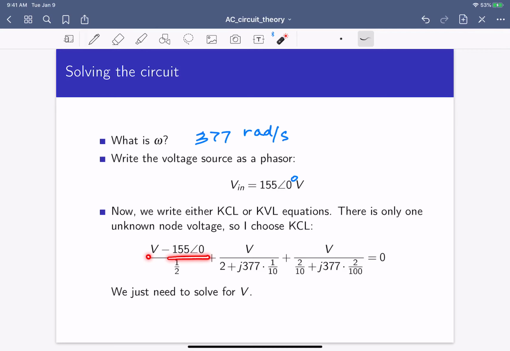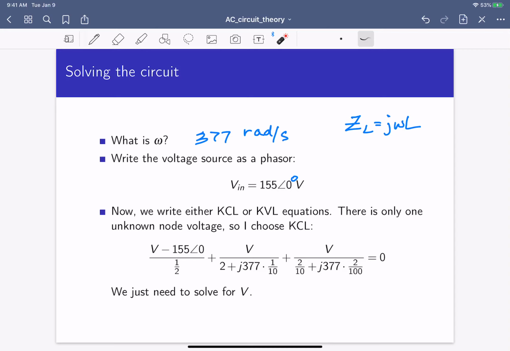Writing KCL equations, if we call this node V, we would have V minus 155 at an angle of 0 divided by that resistance, 1/2, plus V minus 0 over the complex impedance. Remember that the complex impedance of an inductor L is j omega L. So in this case we'll have 2, the resistance, plus j omega, and L is 1/10.